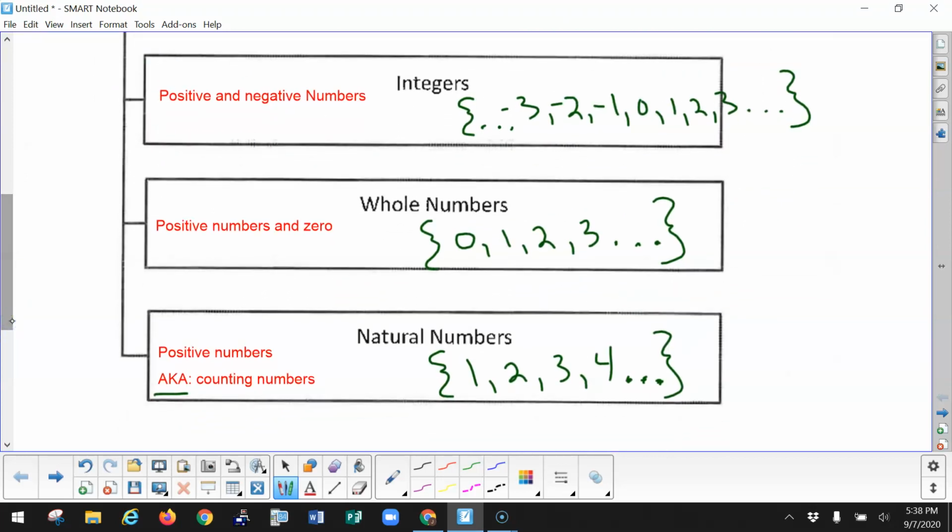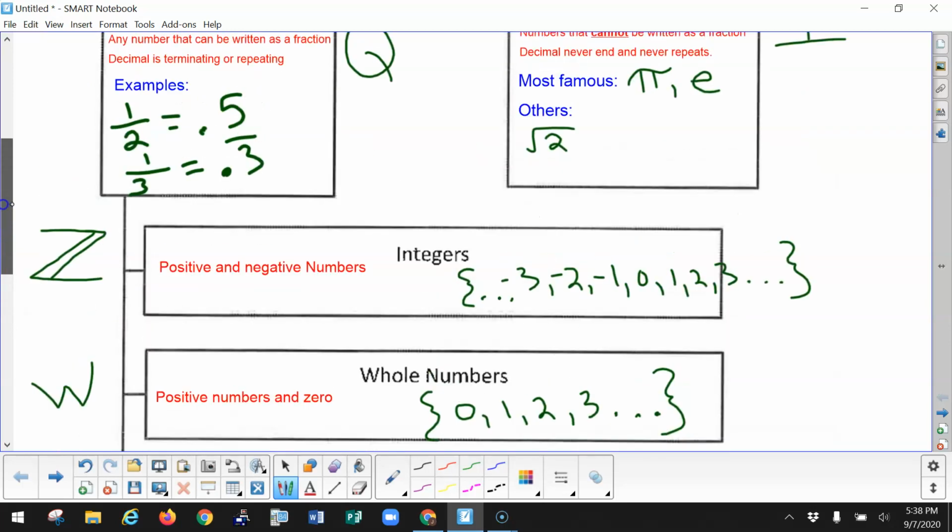Okay, and then our abbreviations we use for these three. For an integer, use this Z. It kind of looks like this actually, but a capital Z is just fine. The whole numbers, that one is just a W, so that makes sense. And then your natural numbers, that's an N. A lot of these make sense: N for natural, W for whole.